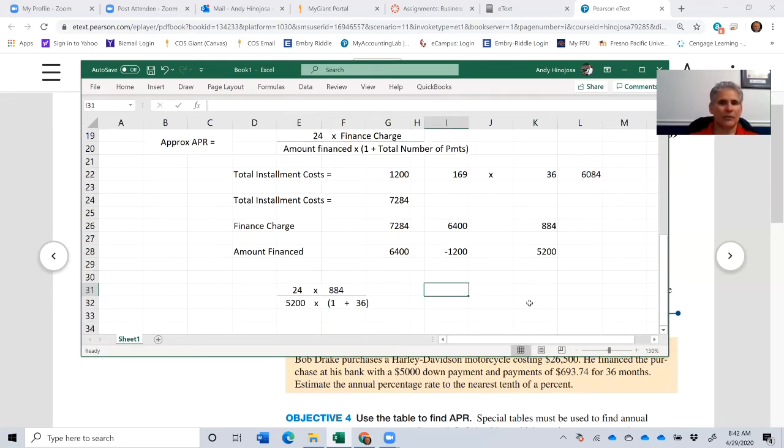Okay, so let's first do the numerator. So we'll do 24 times 884. And then let's work on the denominator. We're going to take $5,200, and multiply that by, open parentheses, 1 plus 36.